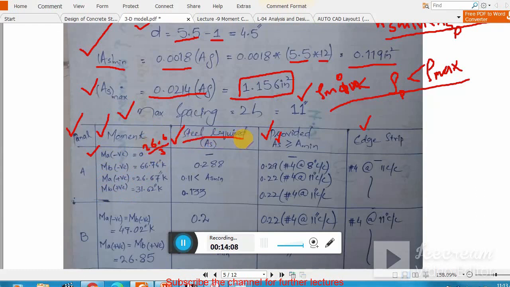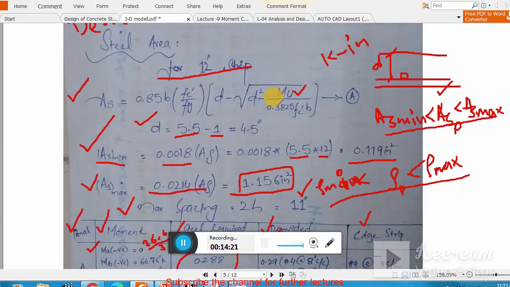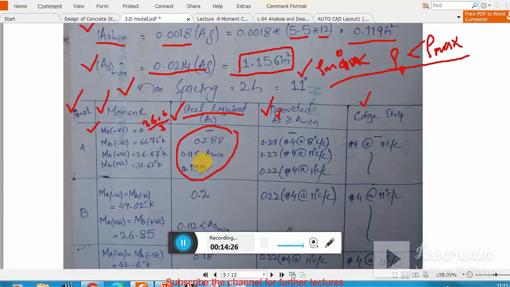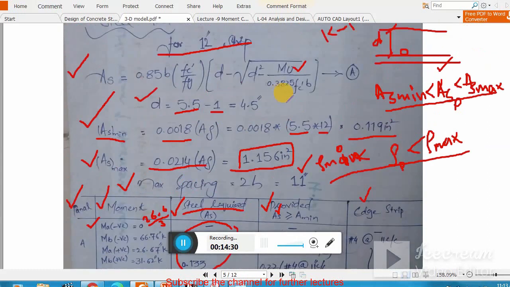Now, remember, this is the steel which is required for these moments. And from where do we calculate these steels? The calculation is so simple. You just insert these moments into this formula and you get these areas of steel. Just plug 66.76 here, d is 5.5, fc prime is 4, fy is 60, b is 12.